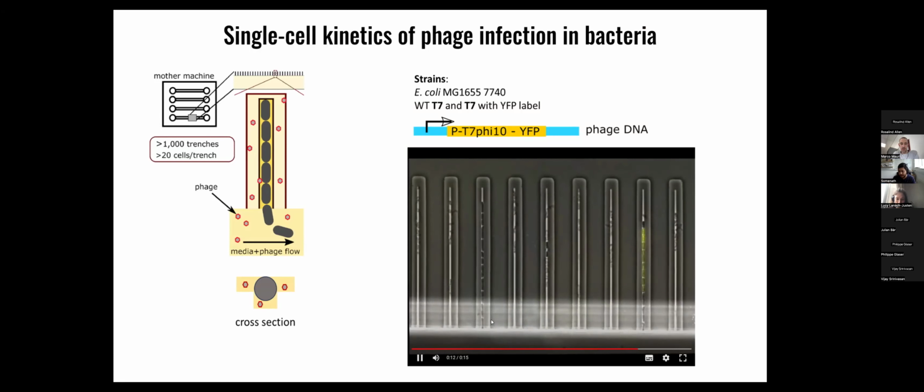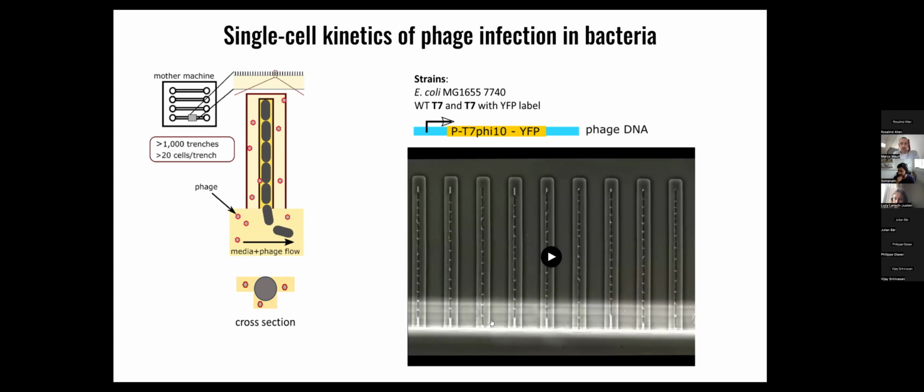That infected cell could not produce phage to infect within the trench, and therefore that trench was never infected. Which means that every trench, even though they're producing on the order of thousands of phages, is completely independent. There is no cross-contamination between trenches.